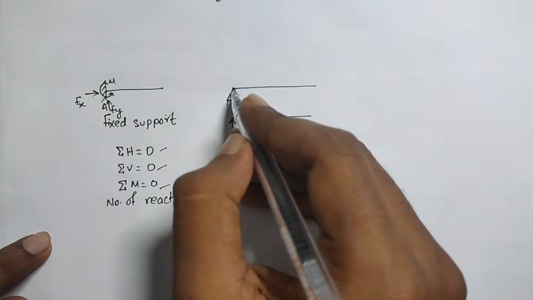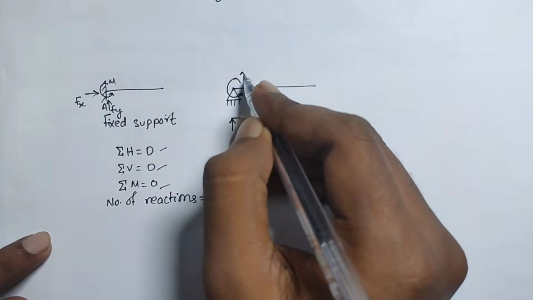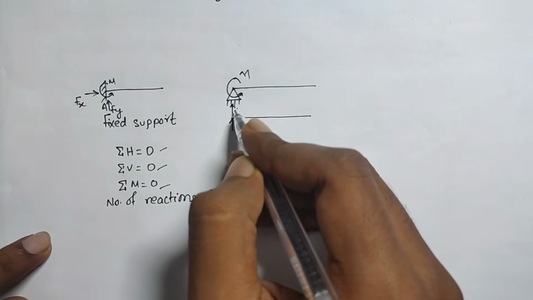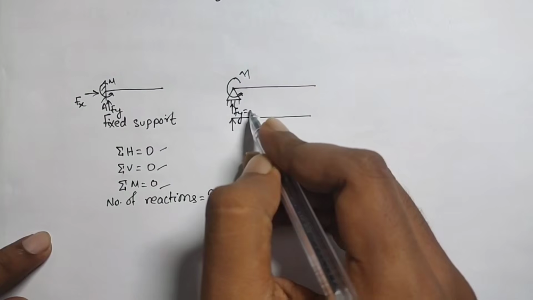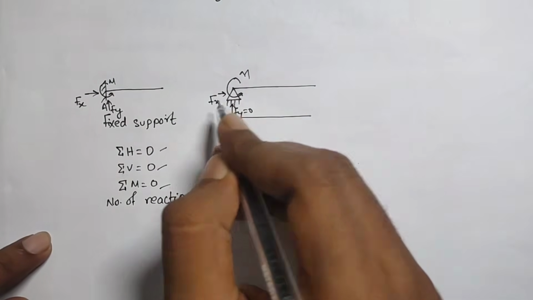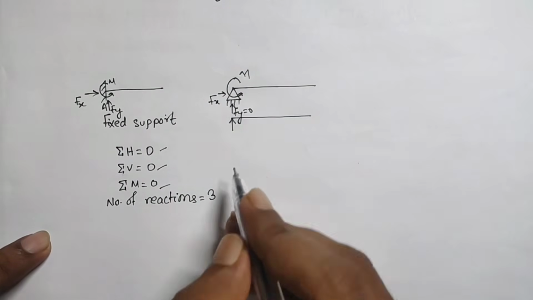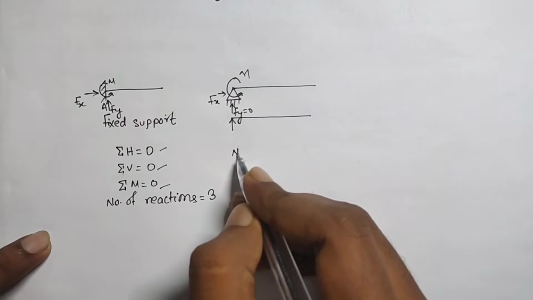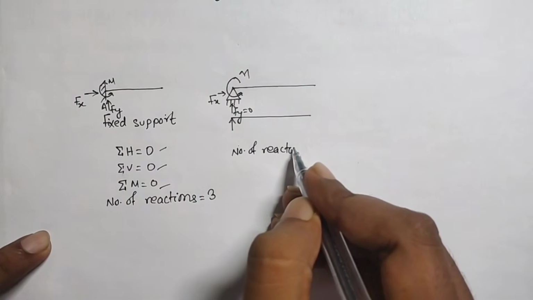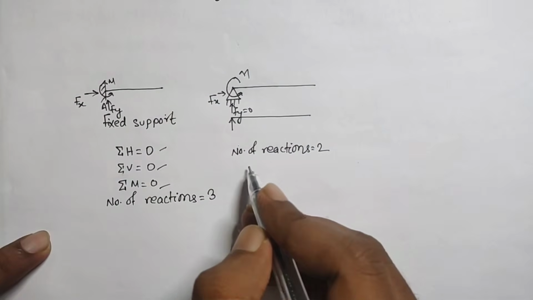In this case, the moment is released, but we have vertical reaction Fy and horizontal reaction Fx present. So the number of reactions equals 2 for a hinge support.